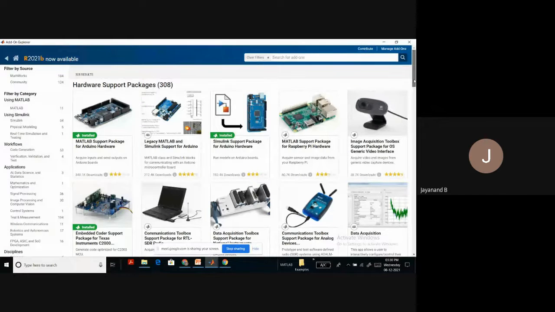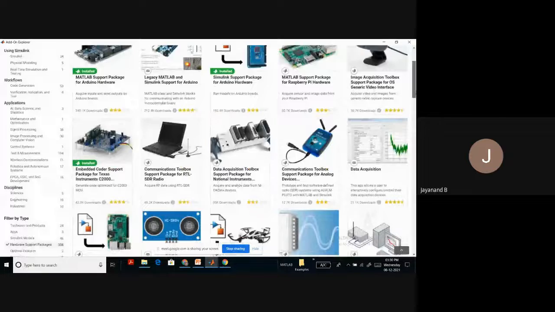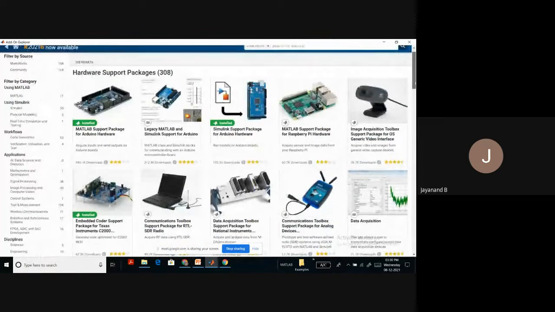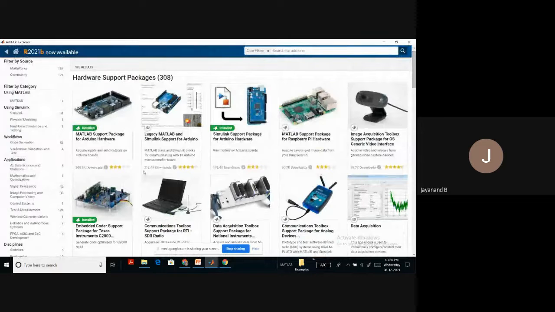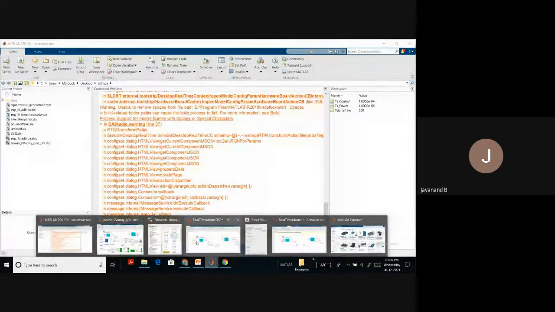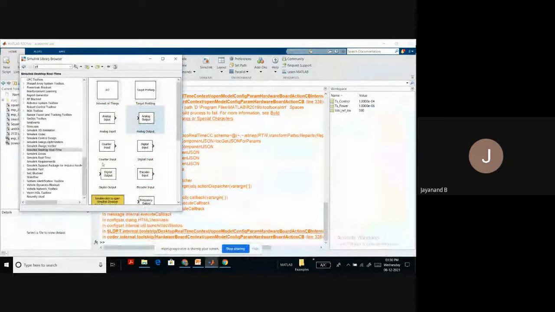So there is an embedded support package for MATLAB board is there. Right? Embedded code supporter. Right? So we have to install that first, so that in the MATLAB library, a new set of blocks will be inserted. Right? It is called embedded coder support package.